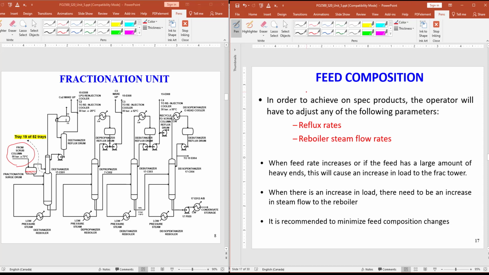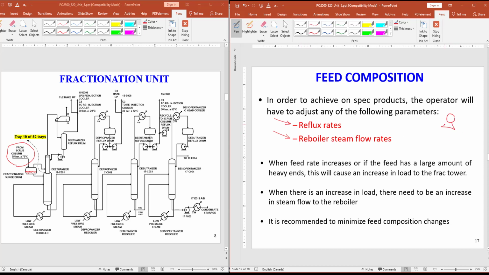Okay. In order to achieve the specification of the products, the operator will have to adjust. Once you receive your feed in the first column, let's say the De-ethanizer, based on the composition of the feed and the amount of the feed, the flow rate of the feed that you are receiving, the operator can play with the reflux ratio.